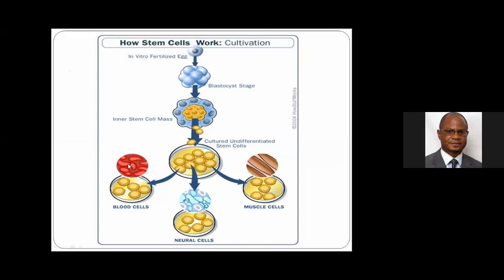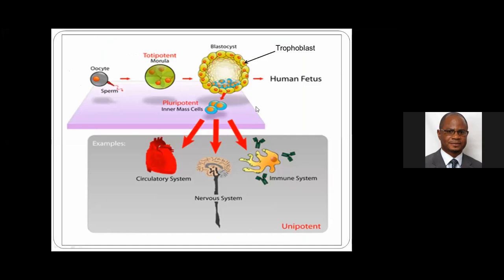This is how blood cells develop from the developing embryo. Again, out of the blastocyst, we have pluripotent inner mass. They will develop into the various organs as well as the blood cells.